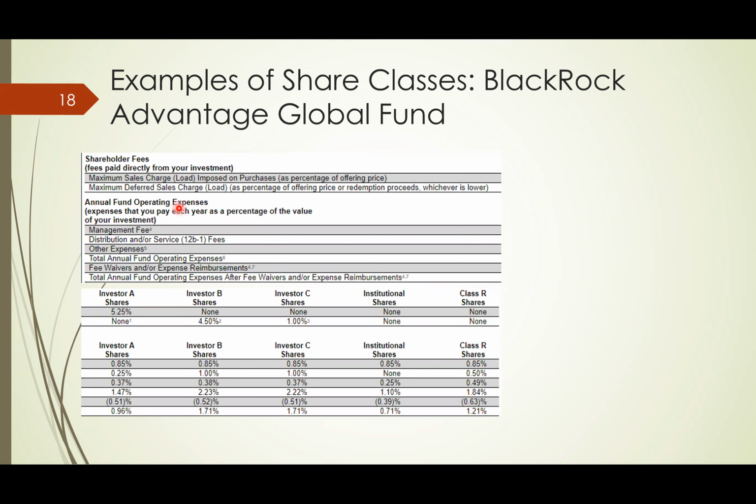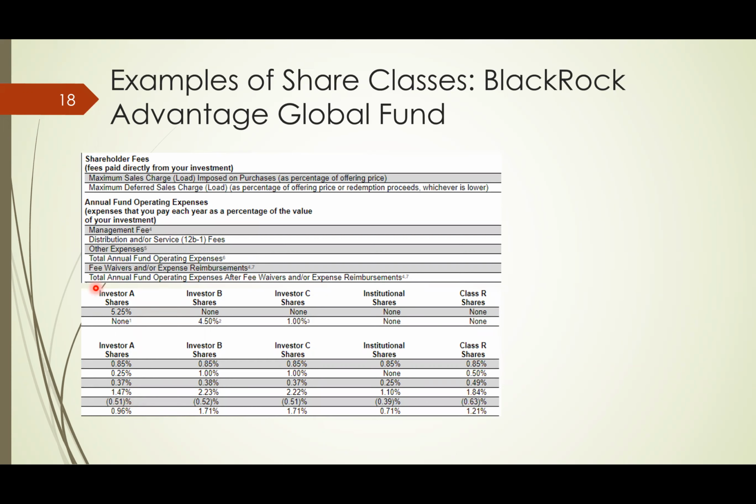And here, this panel is referring to the numbers below. So the management fee is the top line. Distribution or service fee, 12b-1, is the second line. Other expenses, third line. Total operating expenses is the fourth line. And the fee waiver and reimbursement refers to the discount in the expenditure, which is the second to last line.